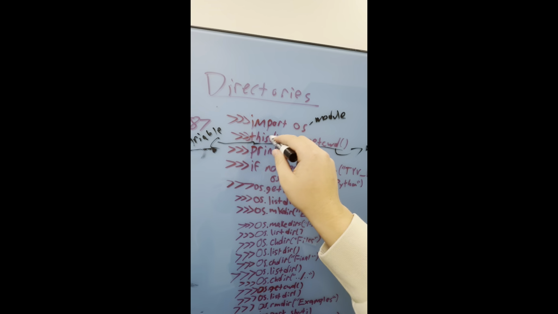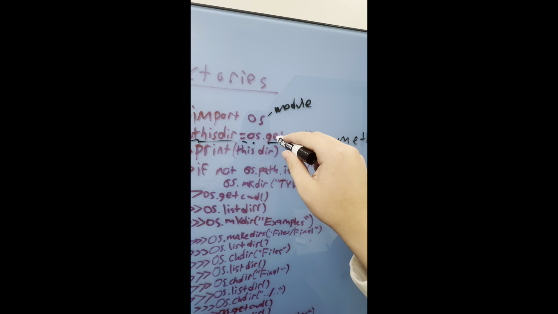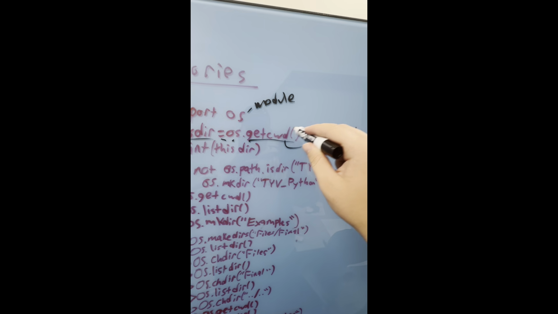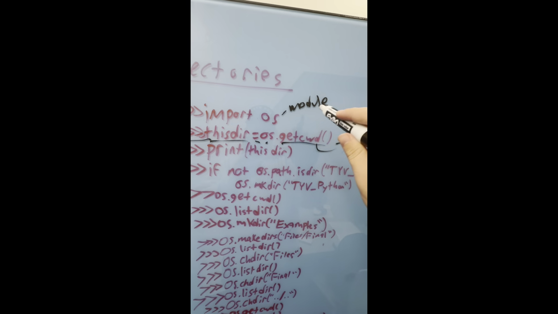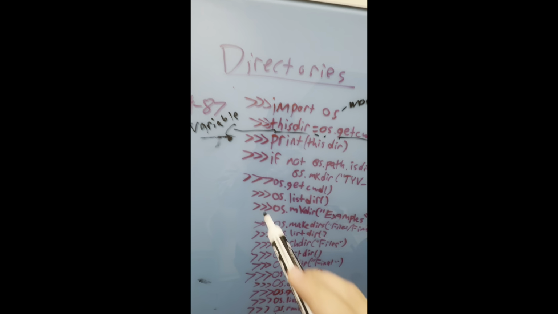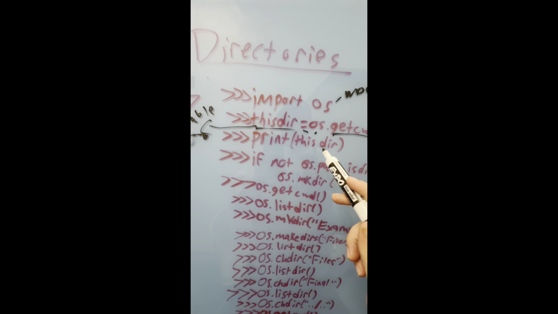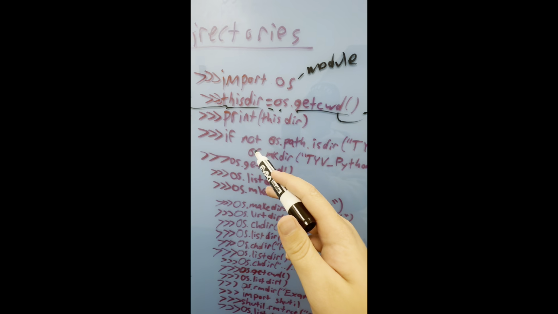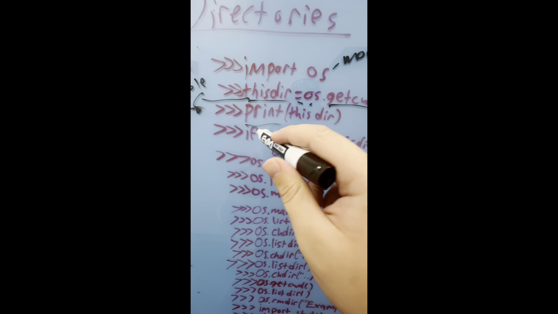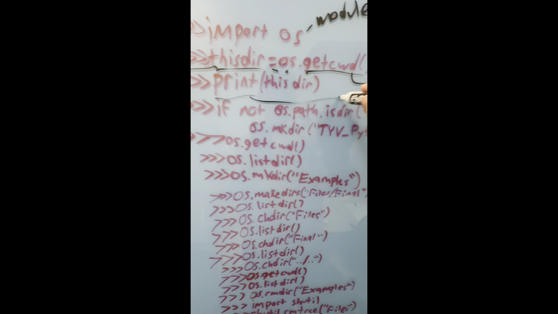So what this second one did is assigning the results of using the getcwd method from the os module and assigning those results to this dir variable. And then what this does is basically displaying the contents of this dir, which would be from that. And then this is just a command, pretty much, or method, the same as that.